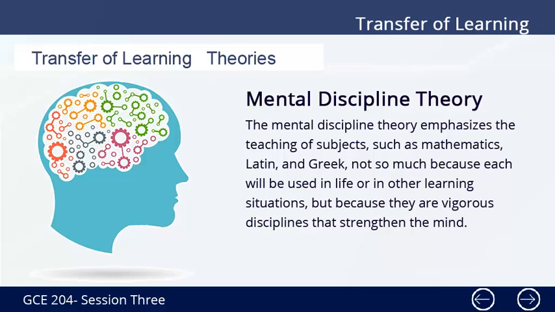The mental discipline theory emphasizes the teaching of subjects such as mathematics, Latin, and Greek, not so much because each will be used in life or in other learning situations, but because they are vigorous disciplines that strengthen the mind.